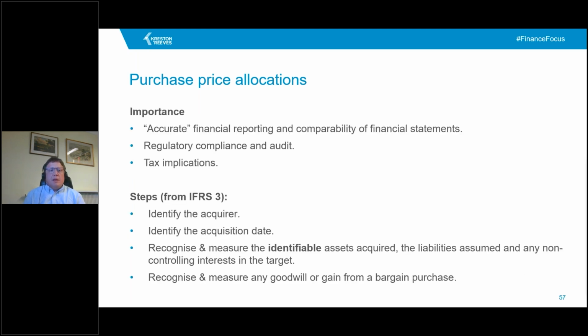The first step is to identify the acquirer. This is usually a given. And then we identify the acquisition date. Also normally obvious, but not always the SPA date. The complicated bits come in the recognition and measurement of the identifiable assets acquired, the liabilities assumed, and any non-controlling interests in the target.